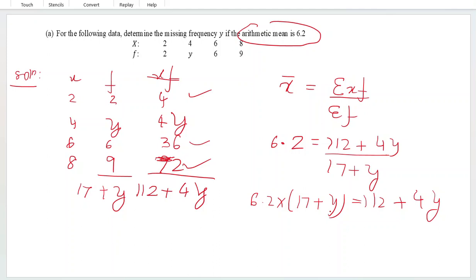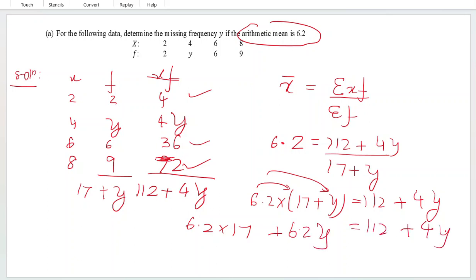6.2 into 17. Now this is entering inside and it distributes to both: 6.2 into 17 plus 6.2 into y, and this is 112 plus 4y. Now 6.2 into 17 using calculator is 105.4 plus 6.2y is equal to 112 plus 4y.